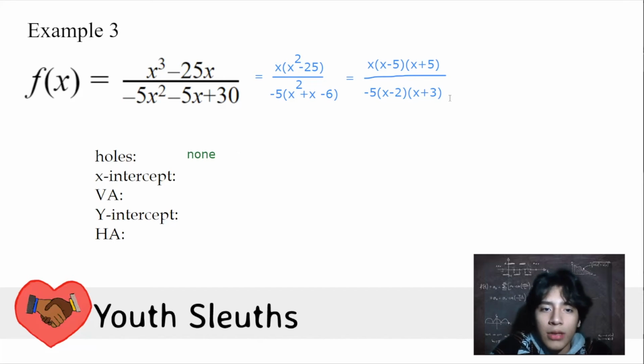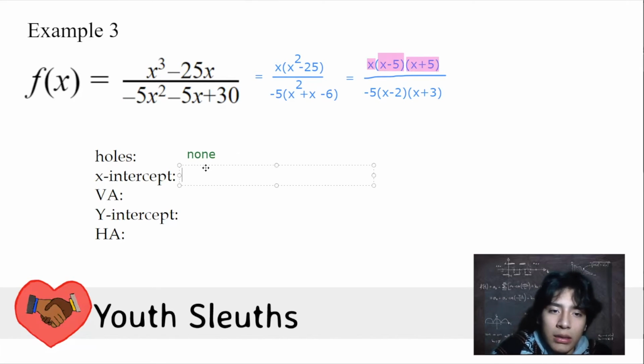Now for our x-intercepts, it is what is left on top. And you notice that we have x, x minus 5, and x plus 5, meaning that my x-intercepts are x equals -5, 0, and 5.